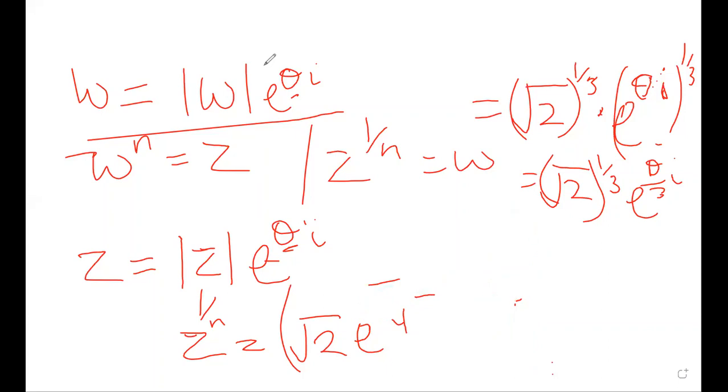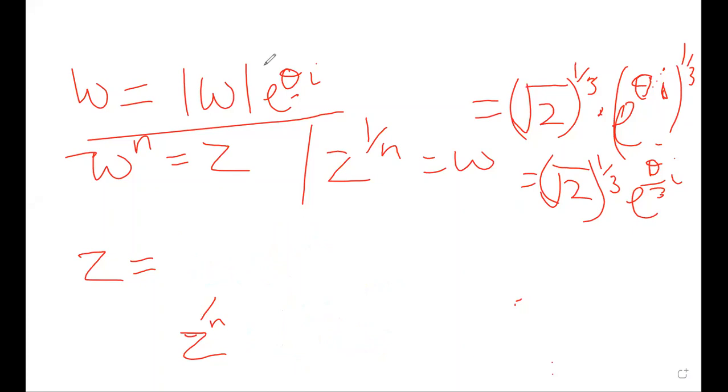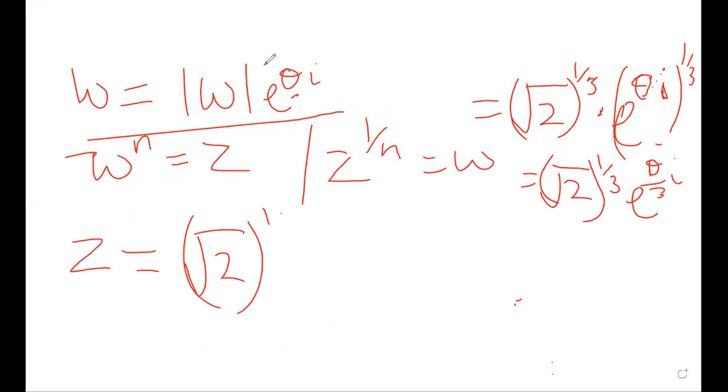In the end, I'm closing with this, and then I'll send the number for the algebra group. So in the end, we get z is equal to the square root of 2 to the power 1 over 3, e to the power, now we have to write the full argument. The principal argument is 45 degrees, or in radians pi over 4.